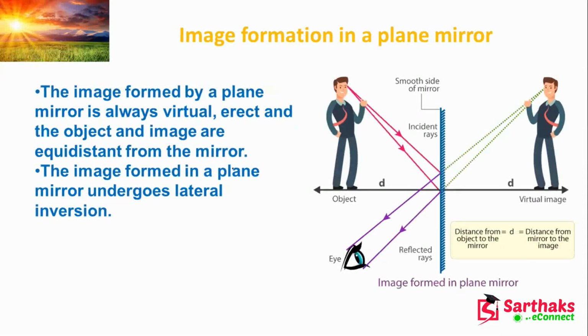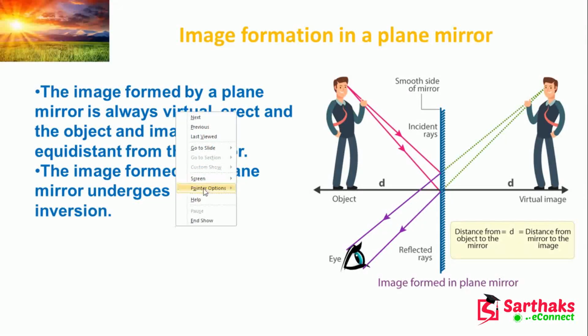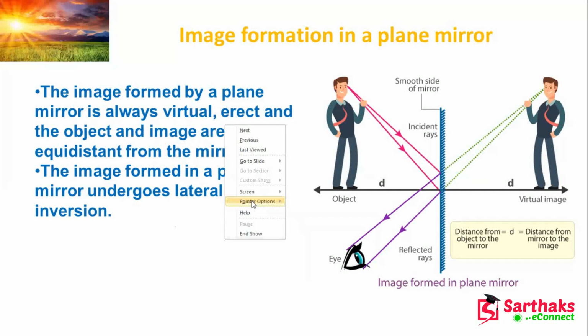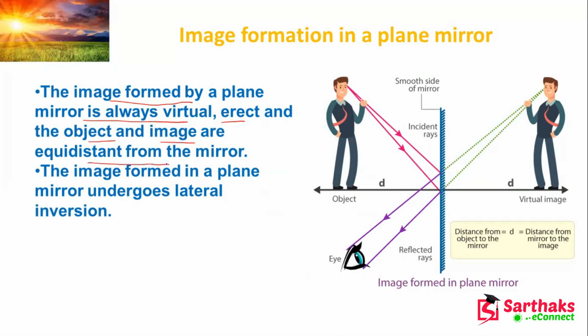Now image formation in plane mirror. Image formation in plane mirror. So the image formation, let me change the pointer color first. The image formed by the plane mirror is always virtual, erect, and the object and image are equidistant from the mirror.